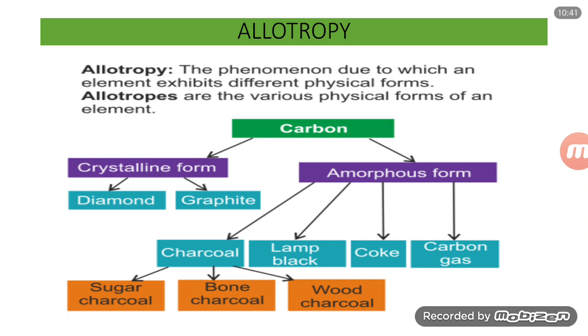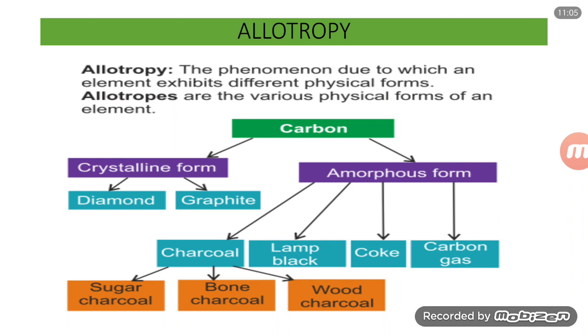Alright. So classifying carbon, you can see that carbon can exist in crystalline form and also amorphous form. That means the allotropic forms of carbon can be of two types, that is crystalline form and amorphous form. Under crystalline forms we have diamond and graphite.